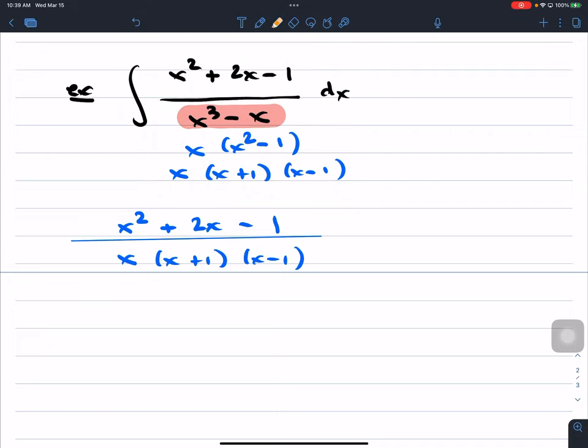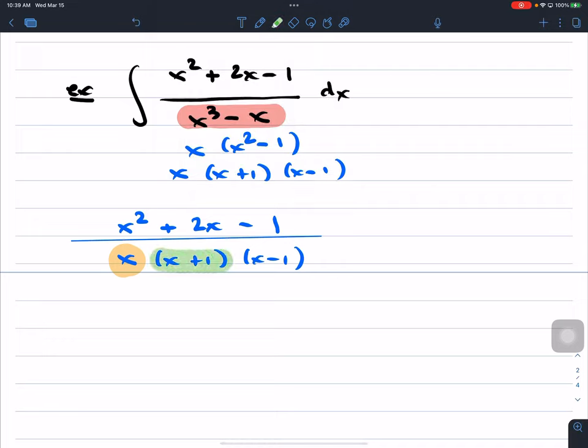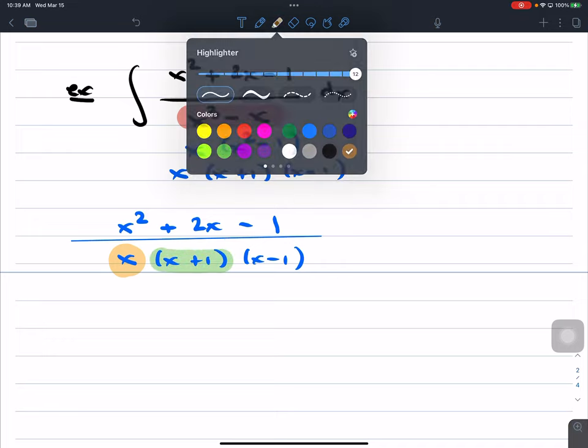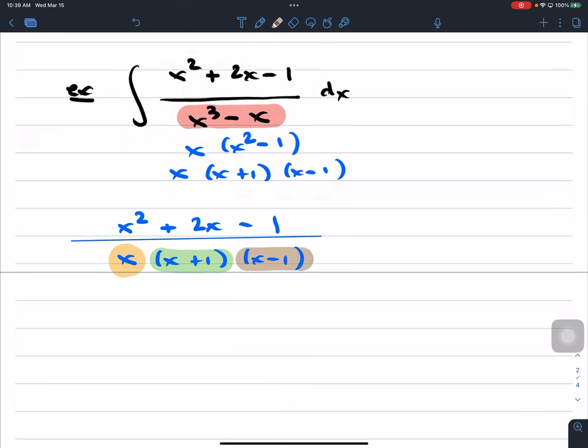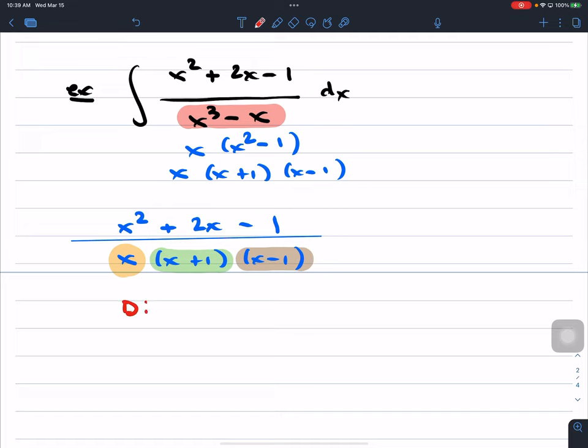So I'm going to say this again here. You got this term, this factor. The x is a factor. The x plus 1 is a factor. And then you have the x minus 1 as a factor. What would you guys say? Again, you're in distinct.